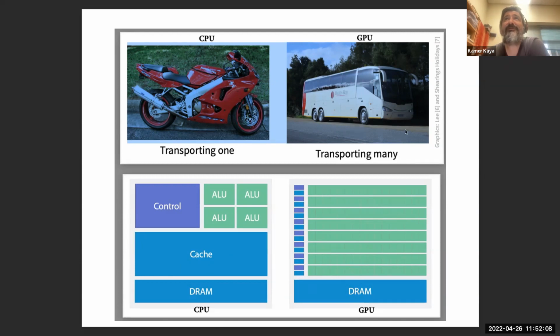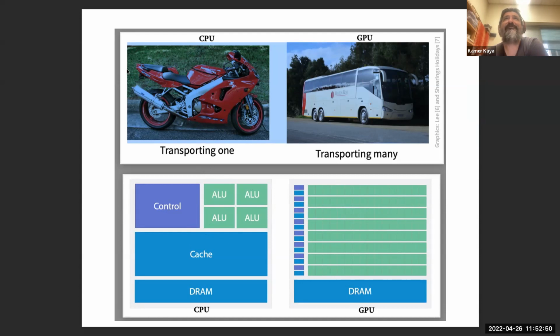You transport many people on a much slower vehicle, like a bus. Also, the frequencies of GPU cores and their complexity are much, but much lower compared to the CPU cores. So you can have maybe 1 gigahertz here or 3 gigahertz there. And you do other techniques like pipelining, multiple units, and you don't have this for a single GPU core.